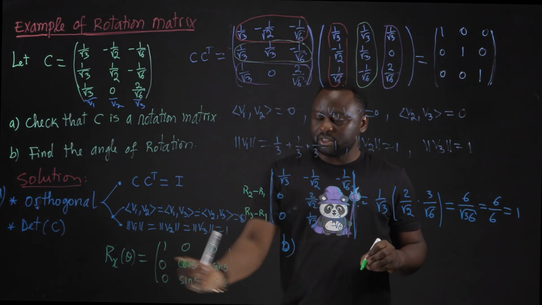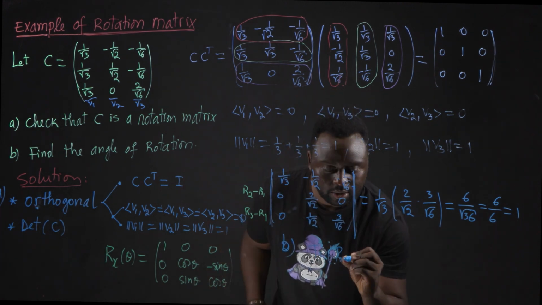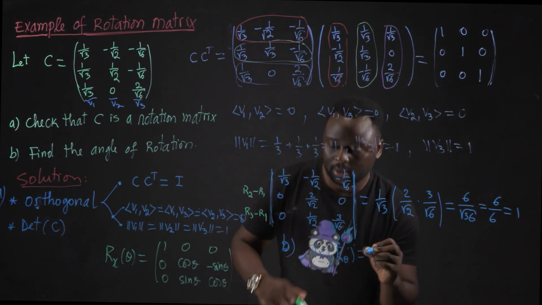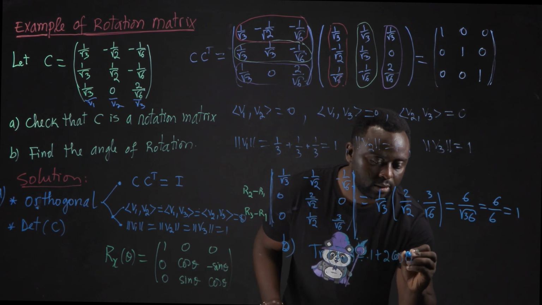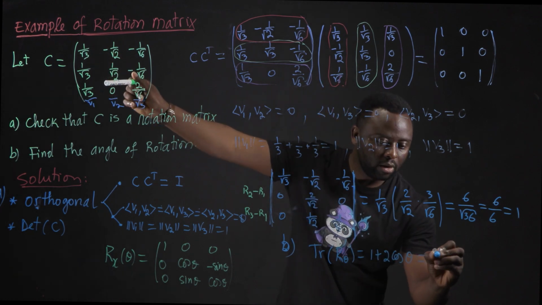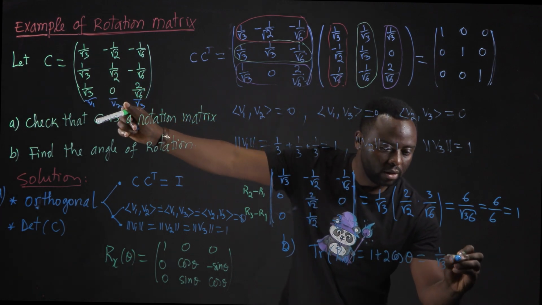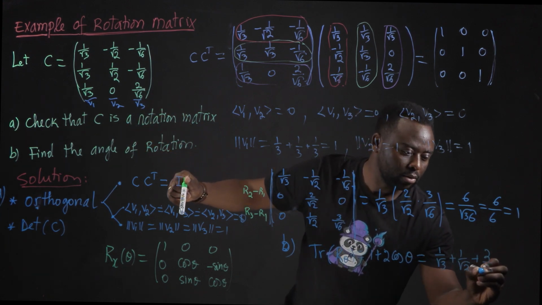What is the trace of this matrix? If you take the trace, it is equal to 1 plus 2 cos theta. What is the trace of our matrix? It is 1 over root 3 plus 1 over root 2 plus 2 over root 6.